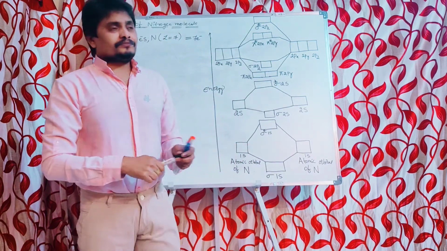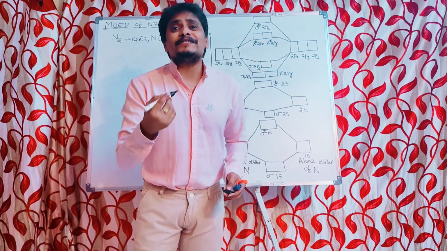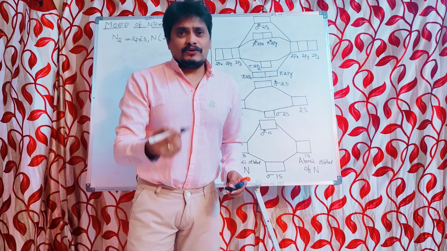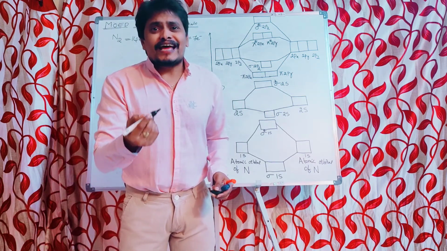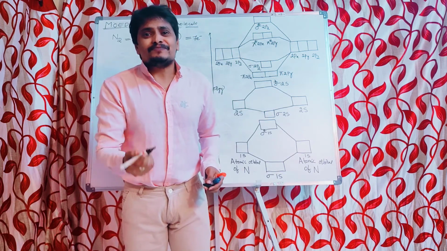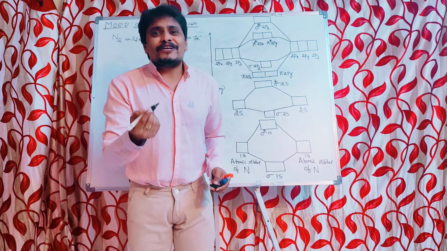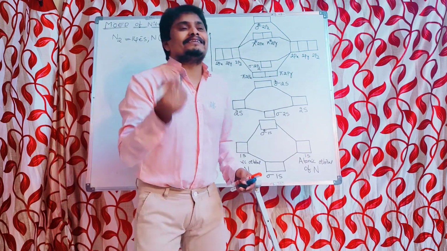And what is the electronic configuration of the nitrogen atom? Since the nitrogen molecule is a combination of nitrogen atoms, we have to discuss the electronic configuration of the nitrogen atom. It is 1s2, 2s2 and 2p3.